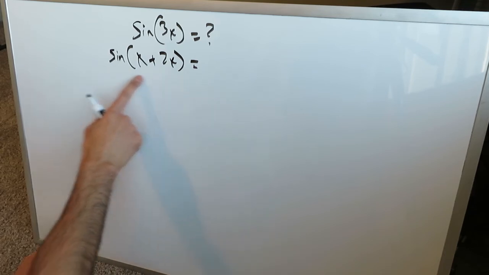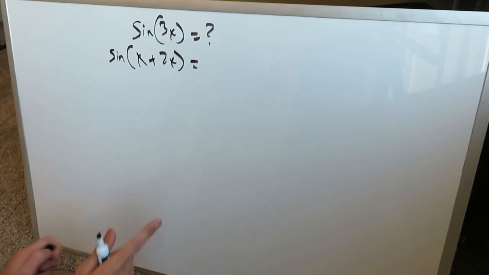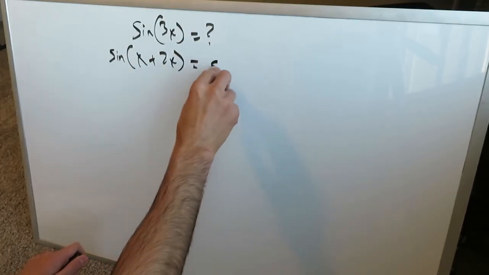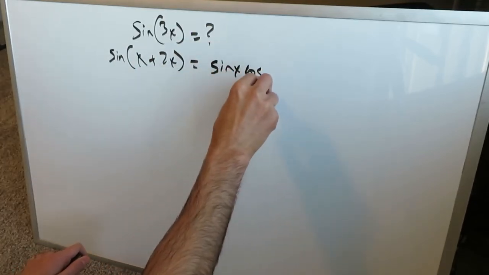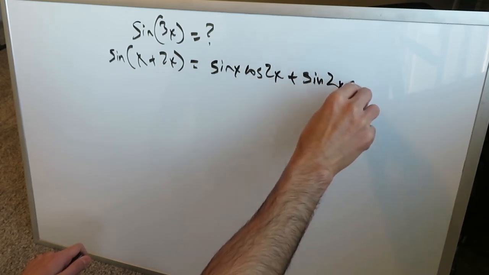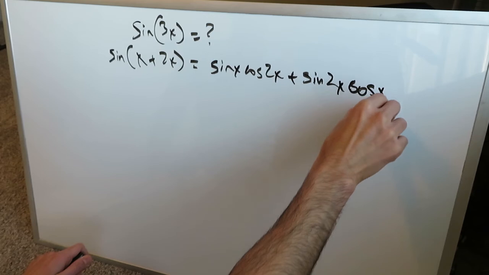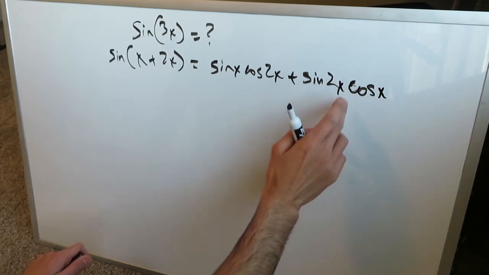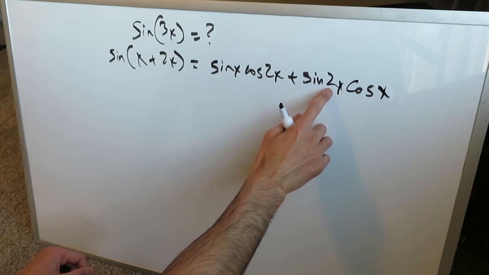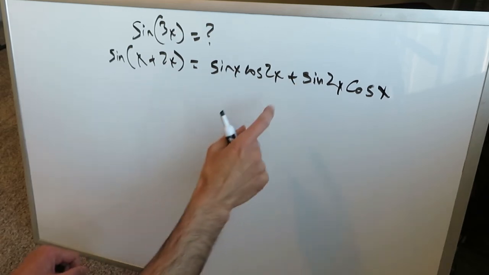You know the sine formula over here with regards to the identity, we're using the sum and the difference identity. We'll do sine x cosine 2x plus sine 2x cosine x. Let's make this neat. These cosines have to be eliminated and these sine 2x's have to be dealt with.